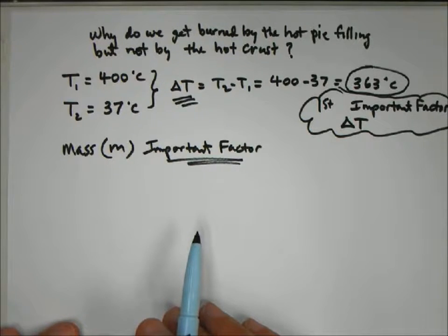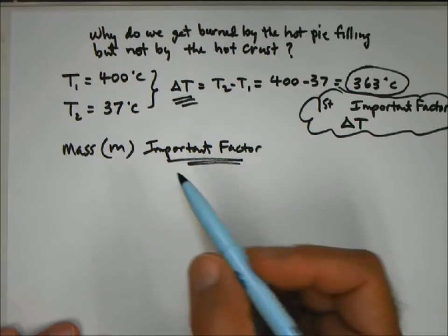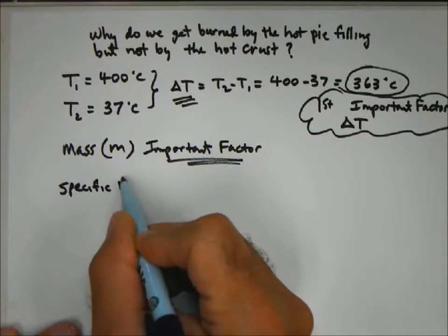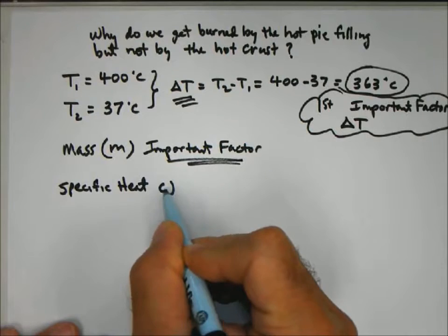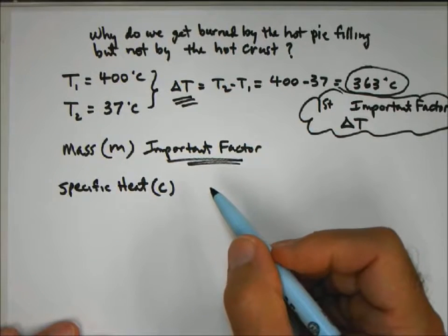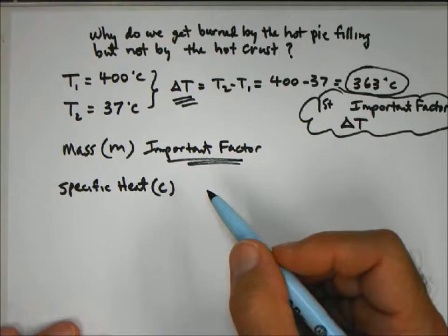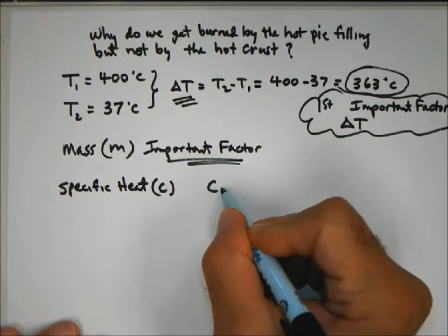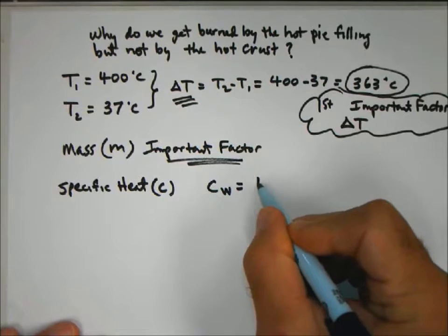Okay. A third important factor would be specific heat, or specific heat capacity, C. Think about the pie filling. It's kind of watery, isn't it, in a way? And remember what the specific heat of water was? It's like 4.18 joules for every gram degree Celsius.